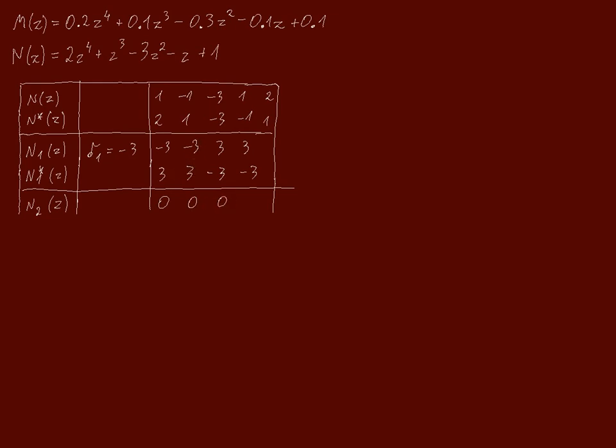We have a zeros row, and since the letter n is already taken, we take another one, for example, O.